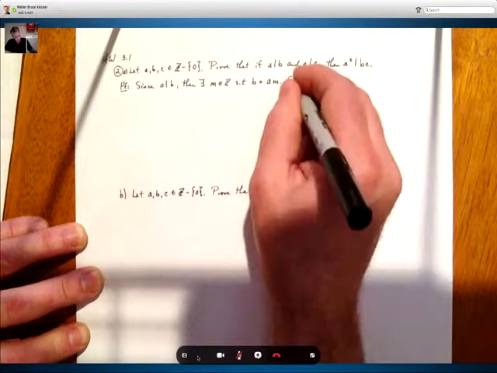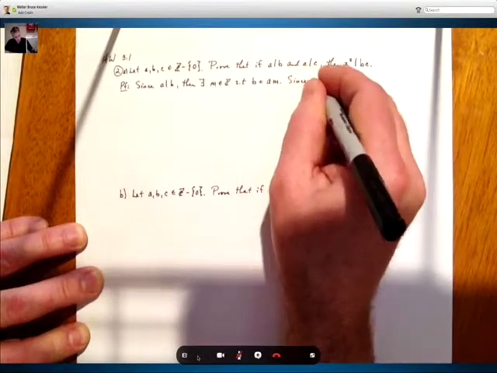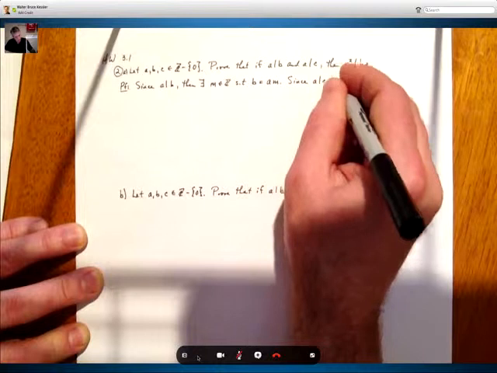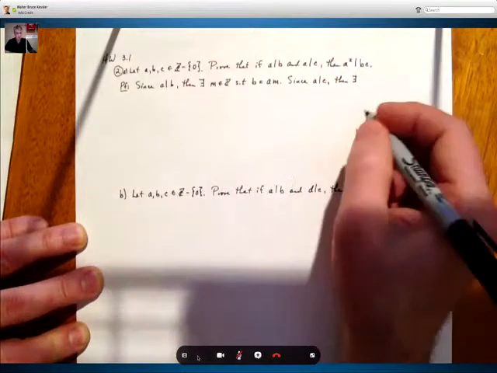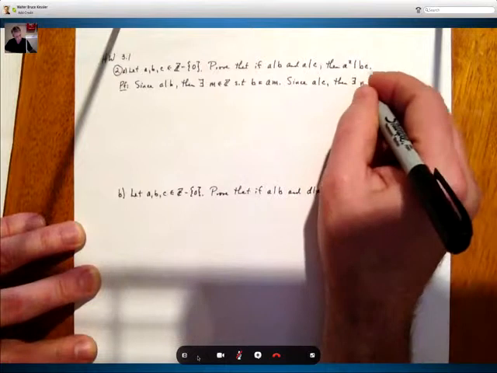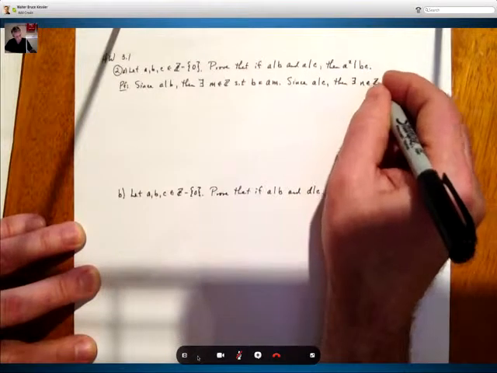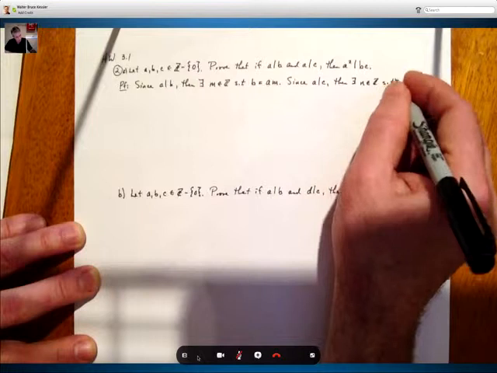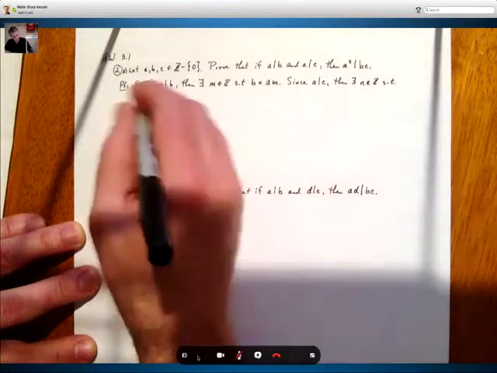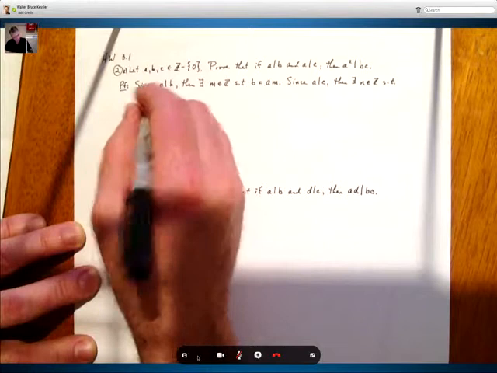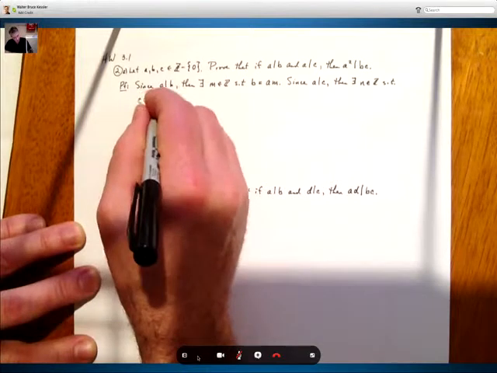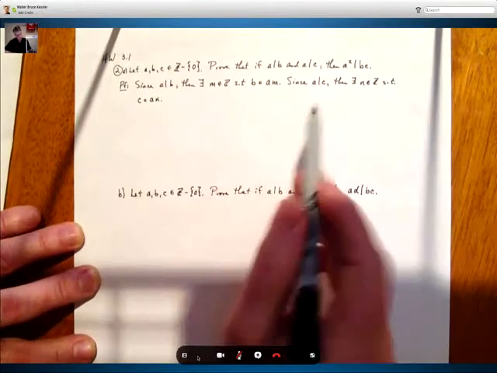And then we do the same thing with c. Since a divides c, then there exists, I don't know, n, such that c is equal to a times n.